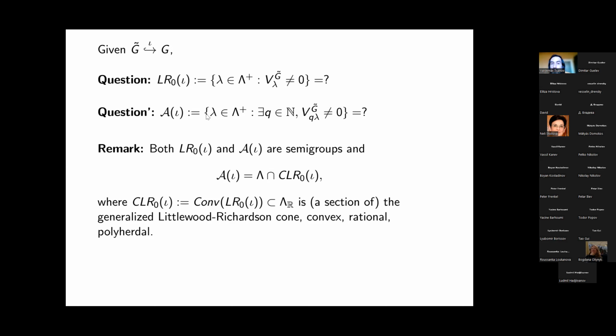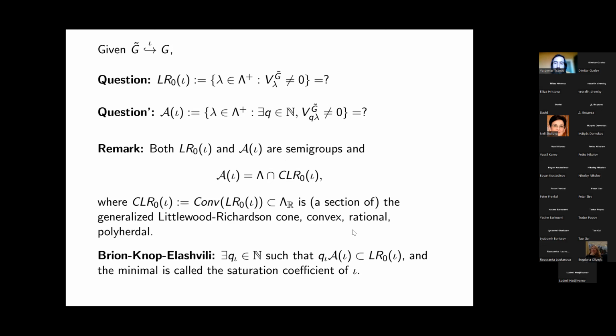What does this mean? If an integral lambda is inside this cone, then some multiple of it actually does have an invariant. So this is part of a result. It's somewhat of a folklore result attributed to Brion and Knop and published first by Elashvili.